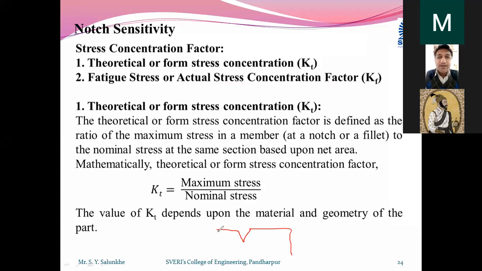Suppose this is one plate, where we provide a V notch. Or in another case, suppose we have this plate in which we drill a hole in between. What happens is the stress is more near the hole; this arrow I am going to show for the stress. I'll use a different color.